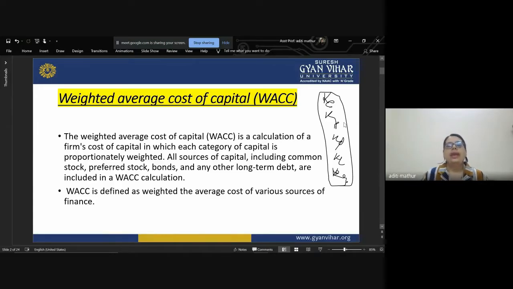All the sources of capital, which includes your common stock, preference share, bonds, any other long-term loans, debentures, and your equity, your retained earnings, are a part of your WACC calculation. So your WACC is defined as weighted average cost of various sources of finance.